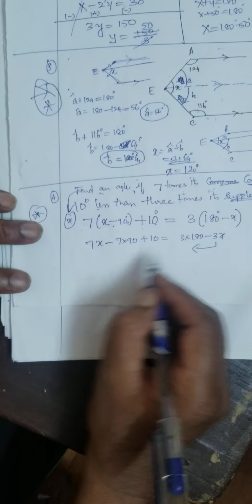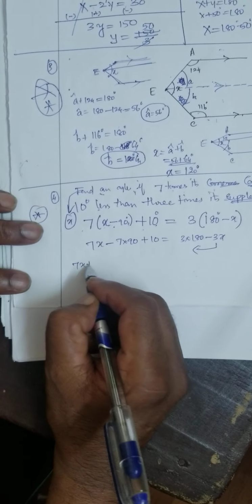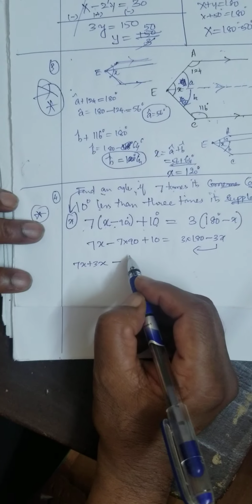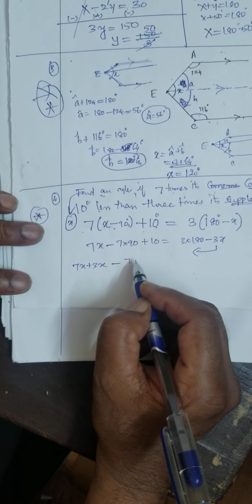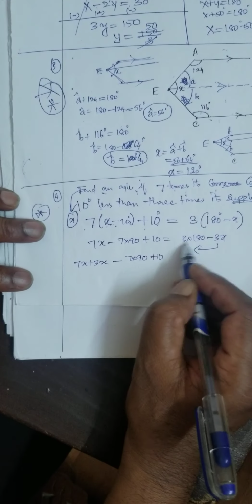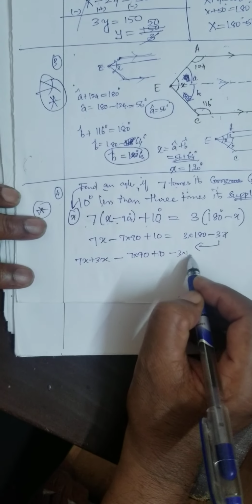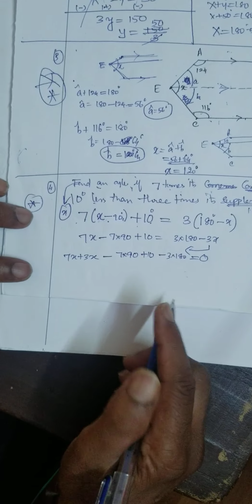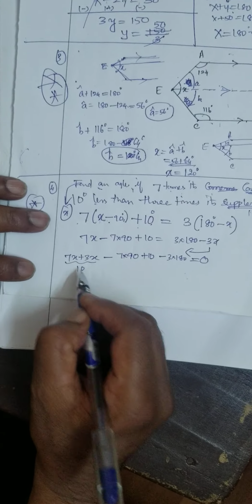You bring this side. 7x plus 3x minus 7 into 90 plus 10 minus 3 into 180 equal to 0. This is 10.